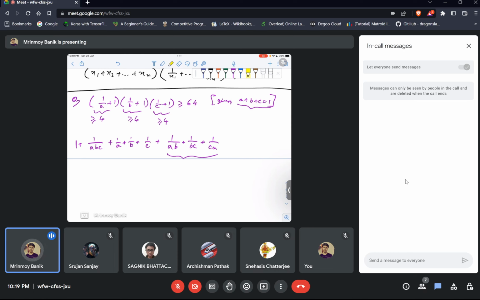So this is the arithmetic mean, so the geometric mean will be... so that means it is greater than or equal to 1 plus 1 by abc plus 3 by cube root of abc plus 3 by cube root of abc squared.